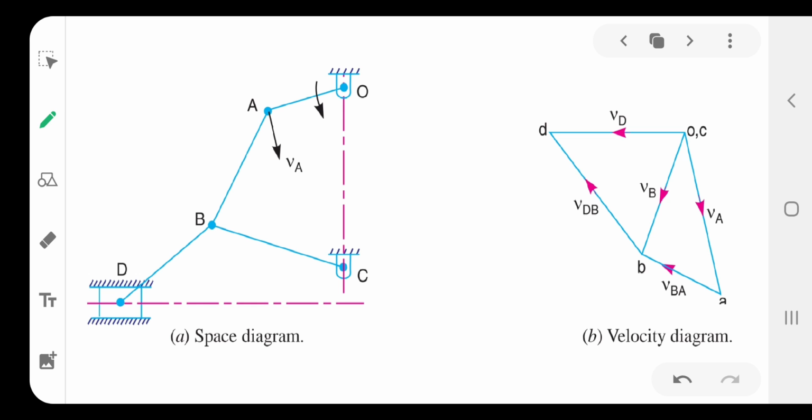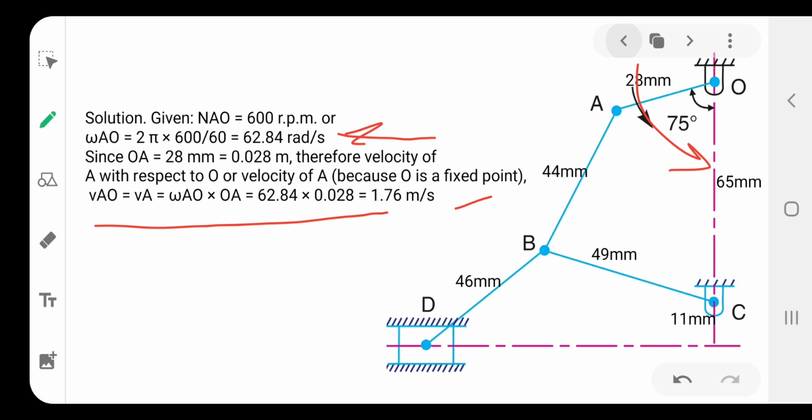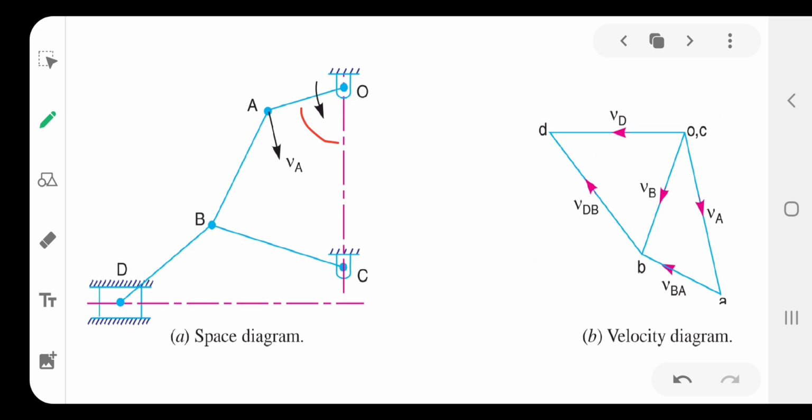For this space diagram, select point O, and from this point O you have to draw first the given angle of 75 degrees vertically in the third quadrant.